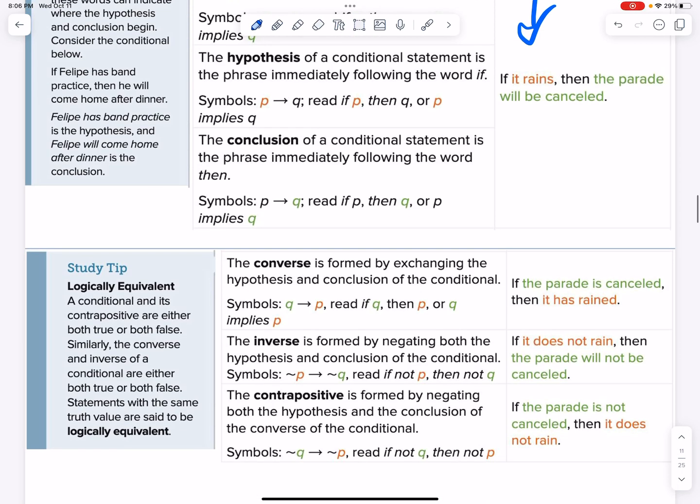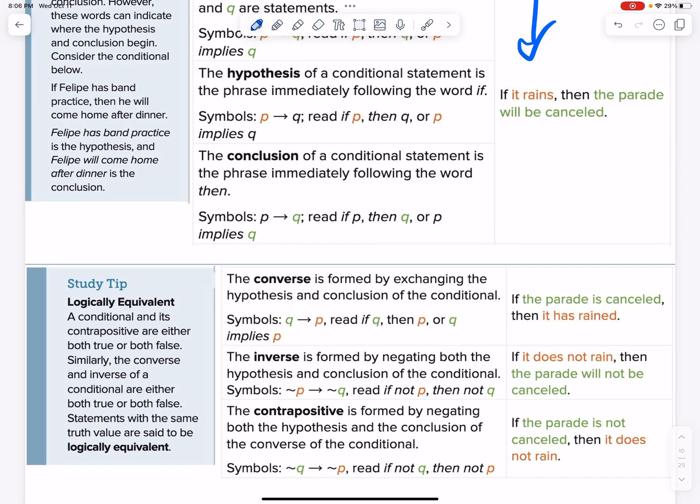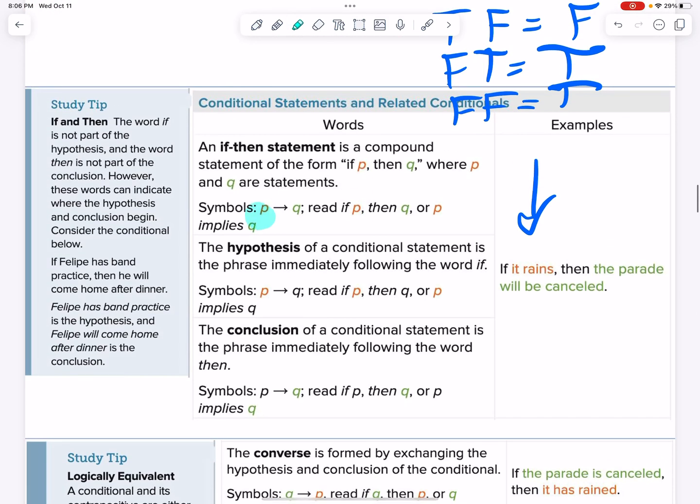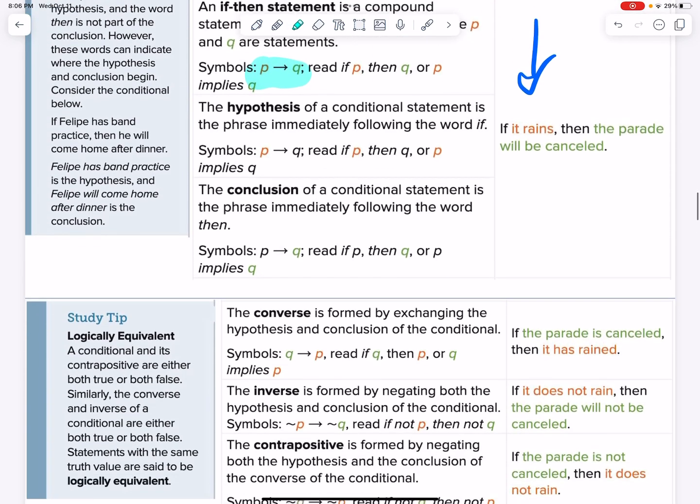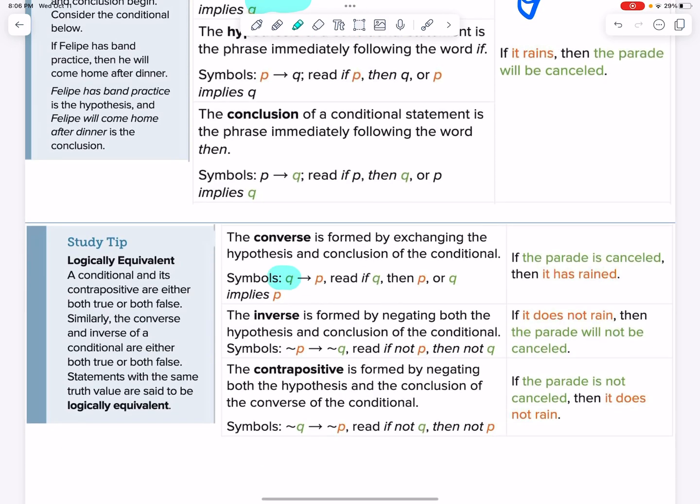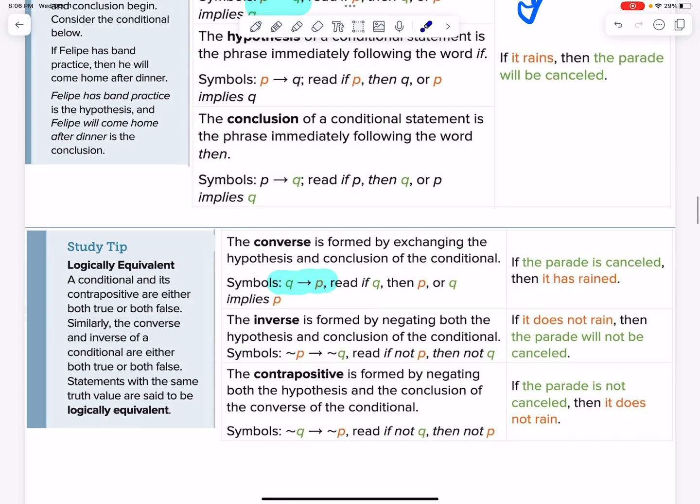The converse of a conditional statement, and what you need to highlight here is, again, your conditional statement is going to start out like this every time: P implies Q. The converse of a conditional statement is this: Q implies P. So if I look at my conditional statement up above, it was if it rains, then the parade will be canceled.